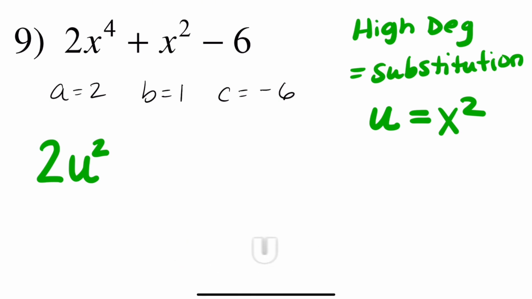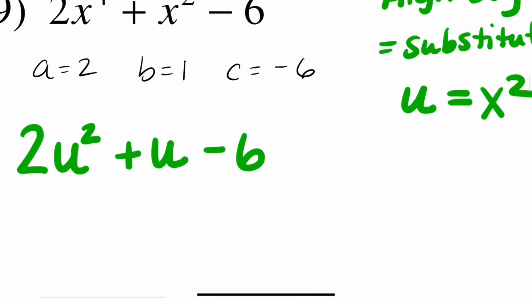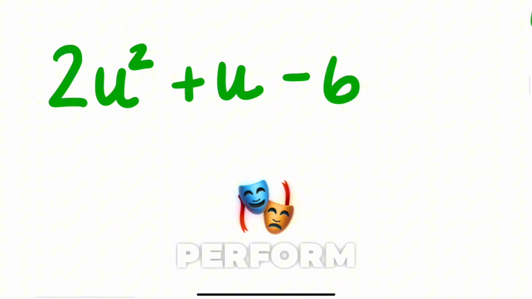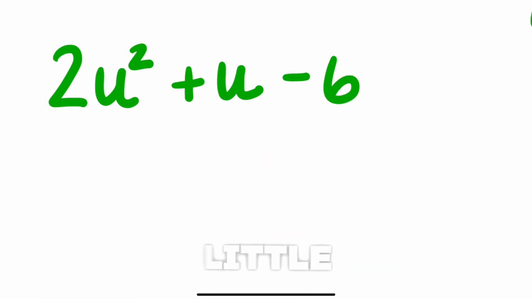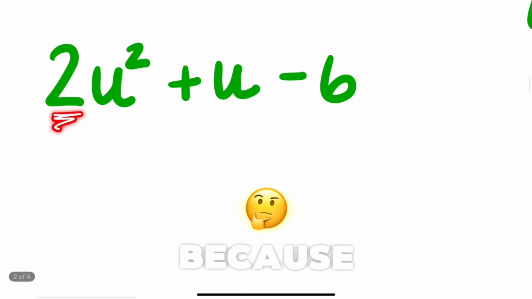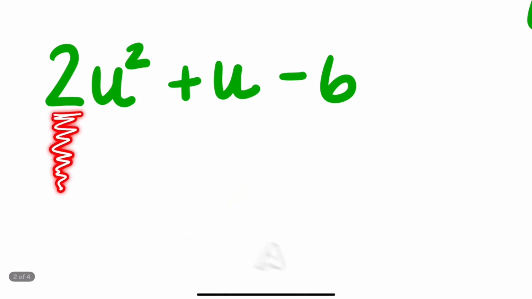So we have 2u squared plus u minus 6. Okay. Now let's look at this problem and see if there's anything that we can perform here. This is a little bit different than the ones we've been doing. Normally, we would look for two factors of this number that would add up to this number, but we cannot do that in this case because a is not 1, a is 2.